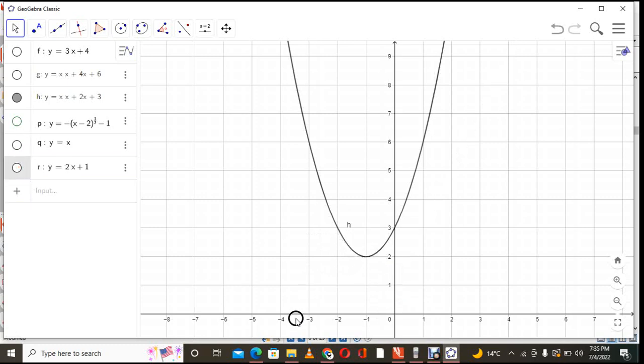Only one value, because I have two answers. I have x equals -3, so -3 will be somewhere there. But x equals 1 will be on this side, and that particular part of that graph is not there. Can you see that? Because your graph is only defined from this part going up to positive infinity. I hope you get that concept.